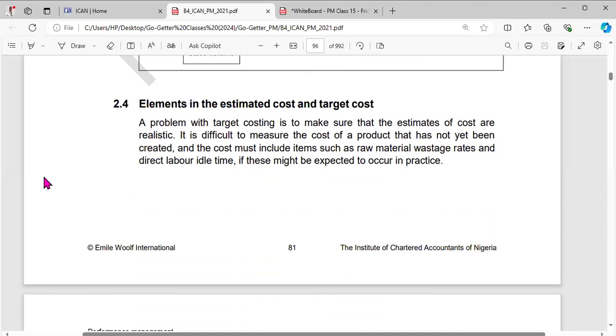A problem with target costing is to make sure that the estimates of cost are realistic. The estimates should be realistic. It is difficult to measure the cost of a product that has not yet been created.